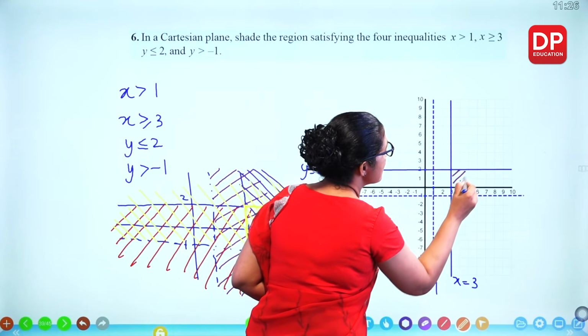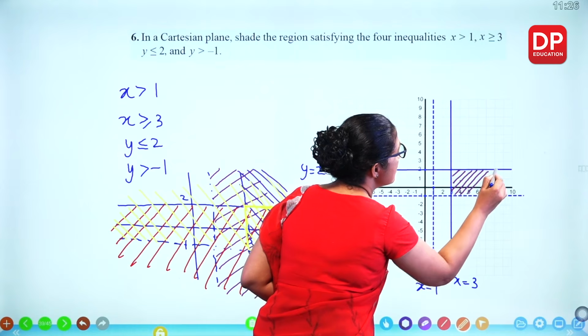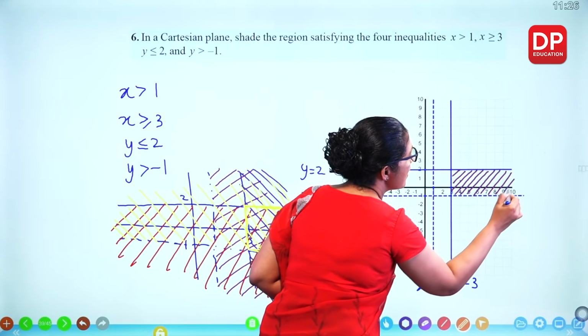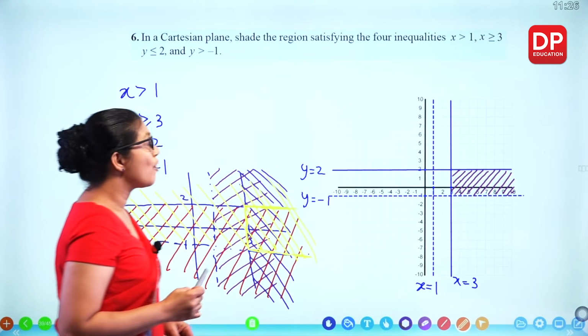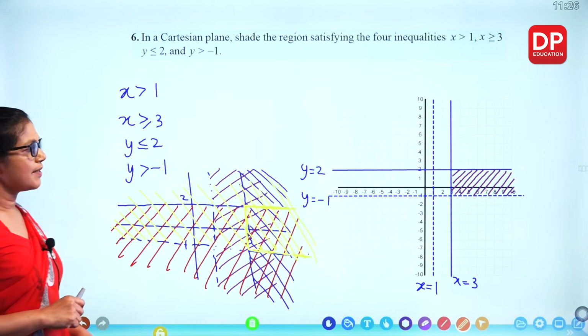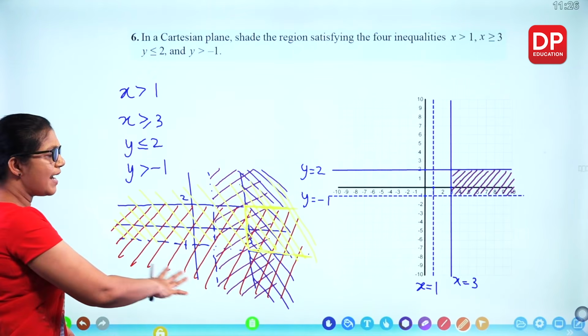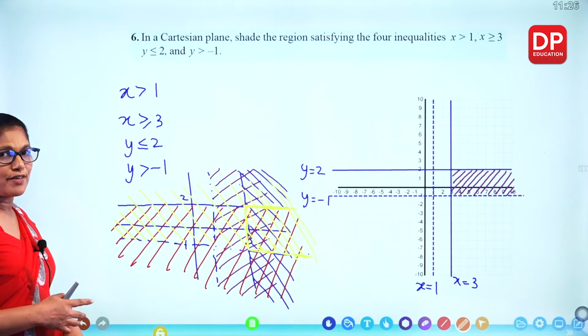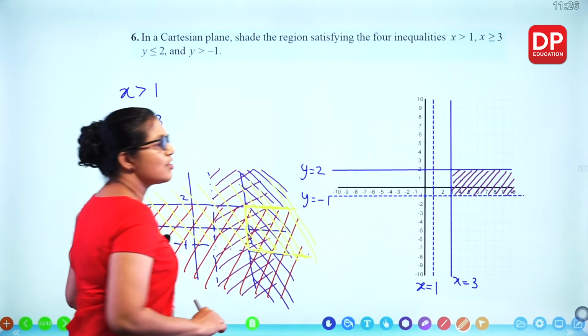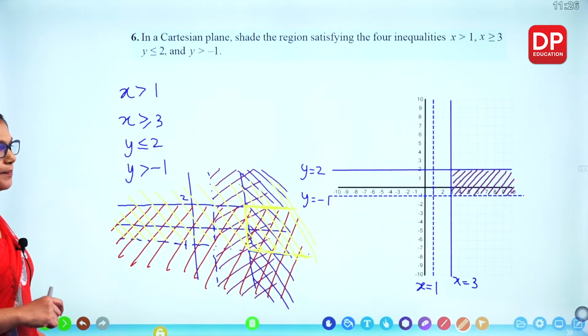That means this region satisfies all of these inequalities. So here it's better to sketch it separately and identify the common region and then shade that one only.